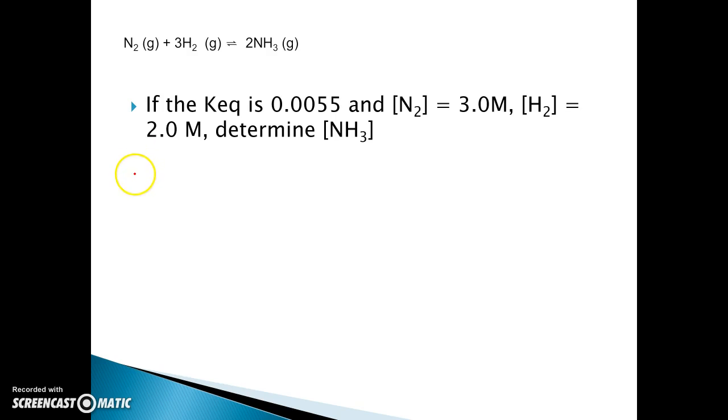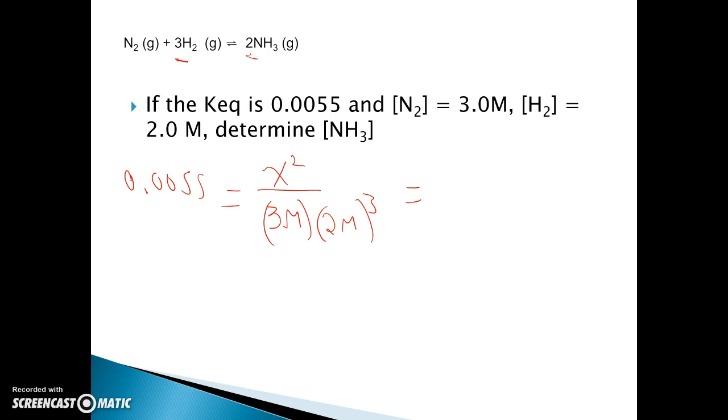We are given the KEQ, 0.0055, equals the concentration of products. It's the NH3. We're going to figure that one out, and we know it's x squared, the concentration squared, over the concentration of the N2, which is 3 molar, times the concentration of the H2, which is 2 molar, and we have to cube that.